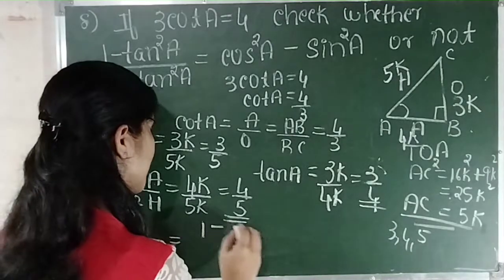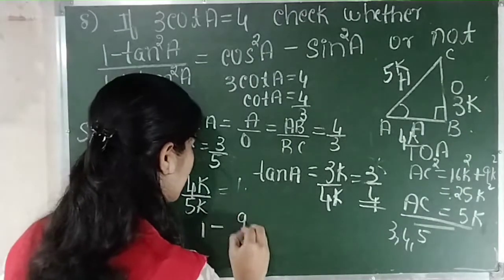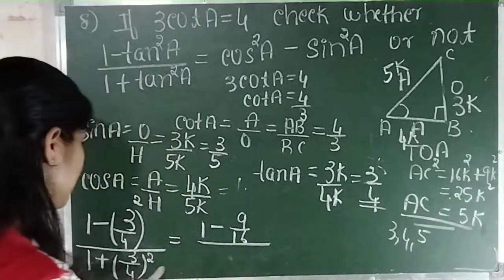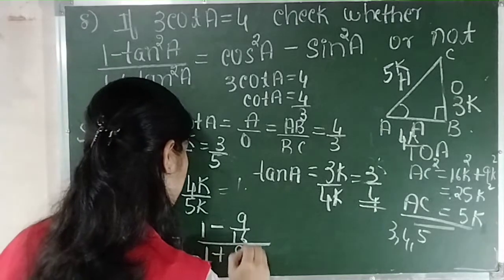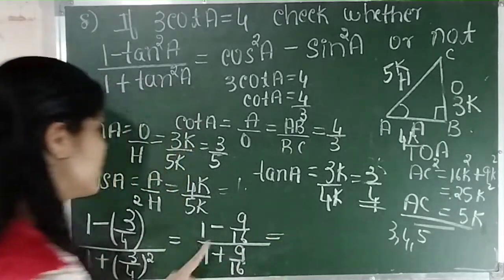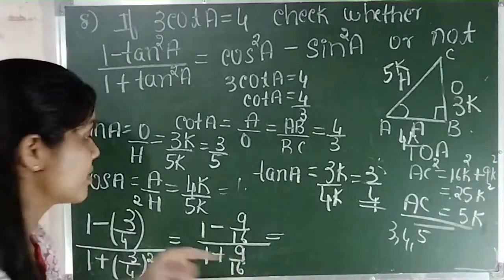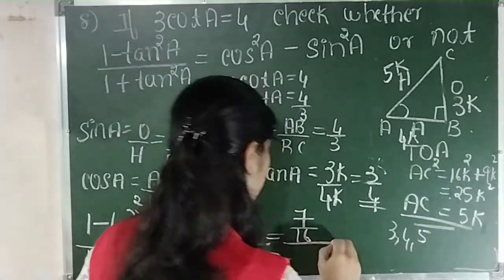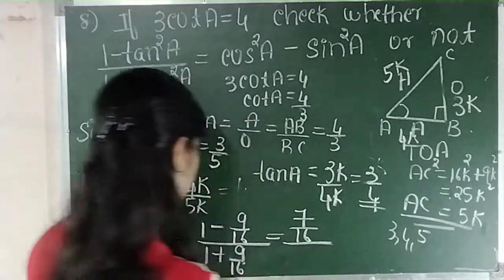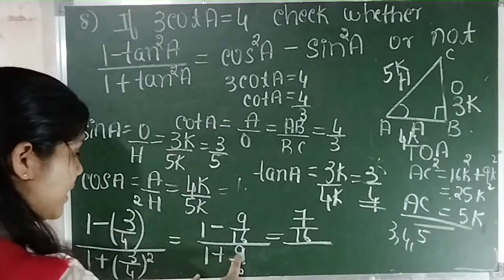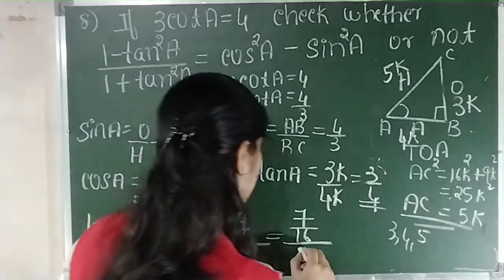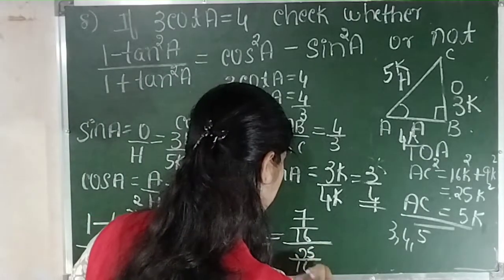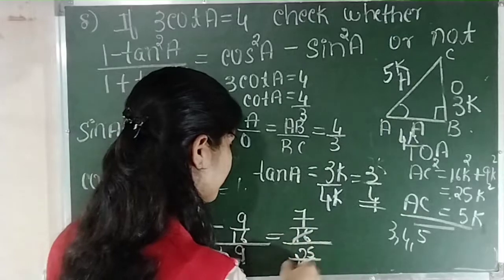So 1 minus 9 by 16 over 1 plus 9 by 16, this is equal to 16 minus 9, this is 7 by 16, divided by 16 plus 9, that is 25 by 16.